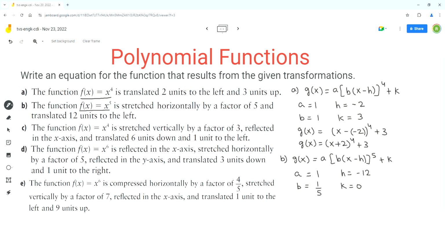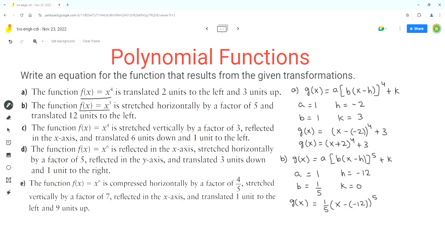Now we can write the transformed equation. We can ignore the A value because its value is 1. And we can ignore the K value because its value is 0.